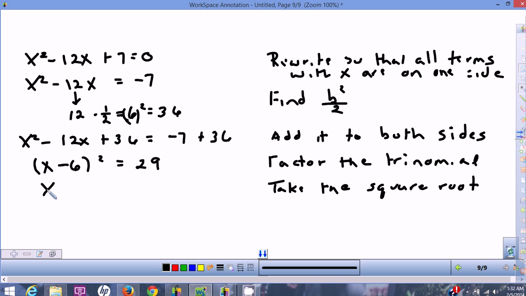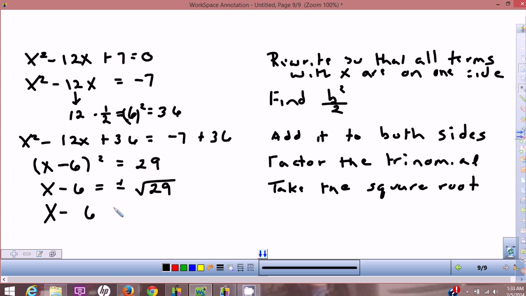So the square root of a squared quantity is that quantity, so I'll get x minus 6 is equal to plus or minus the square root of 29. Move the 6 over and I have my answer. x is equal to 6 plus or minus the square root of 29. If that radical will reduce, you should reduce it. In this case, that radical won't reduce, and so we are done with our problem.